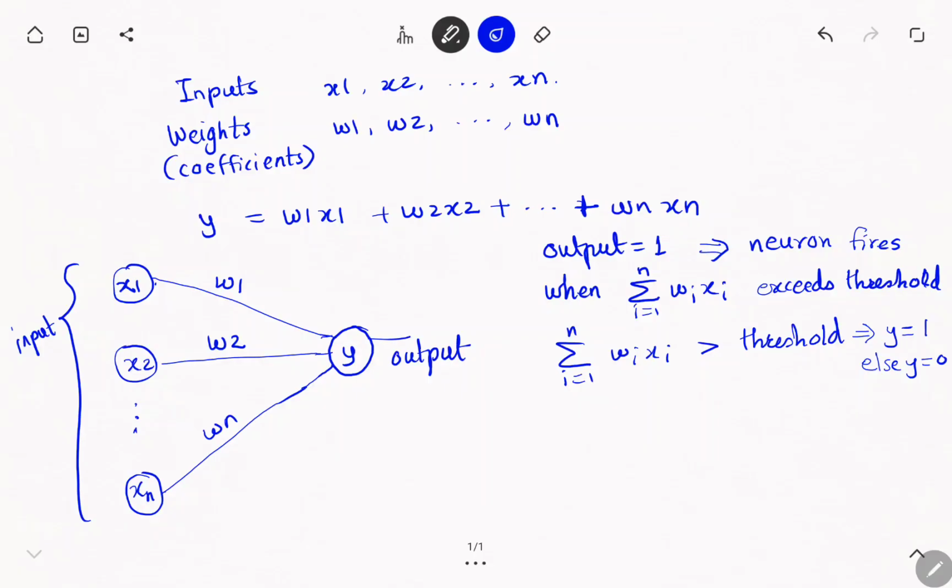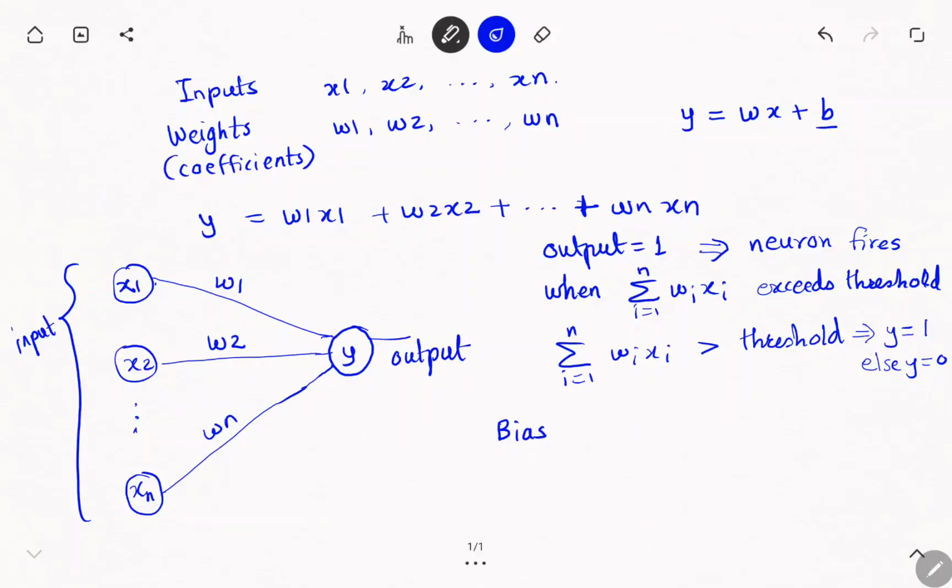Now we want to introduce the threshold in an interesting way by using the concept of a bias. If you remember, in a linear model we always have a bias. Any linear model looks like y equals wx plus b, where b is the bias term, or y equals mx plus c, the intercept term.